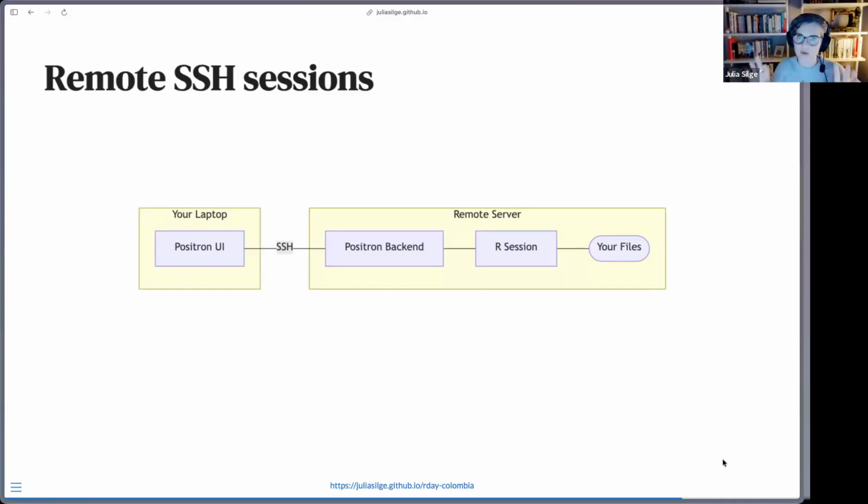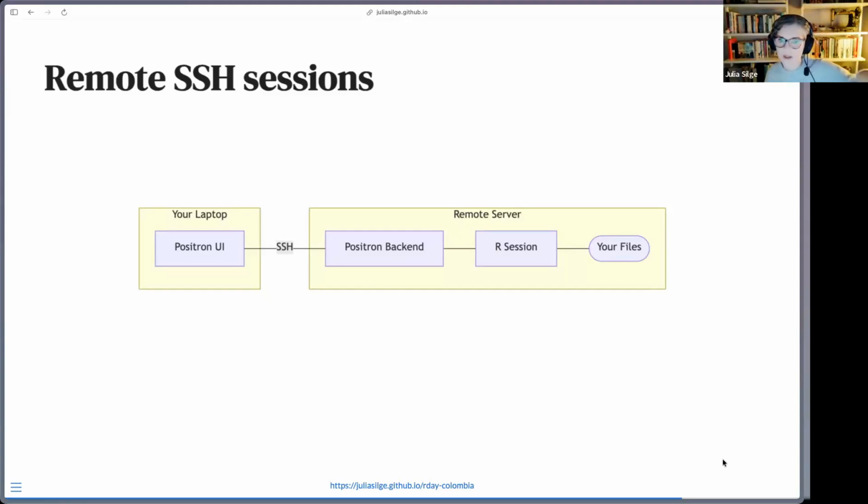So the way it works is you say, I want to connect to this other server. And then when it's connecting, it actually downloads a Positron server onto that remote server, and then it connects to R on that server.